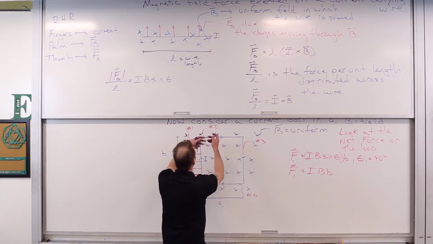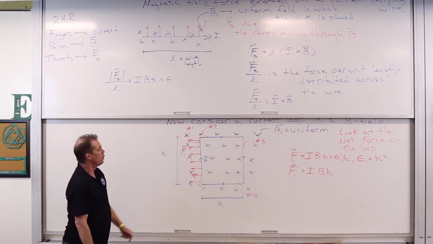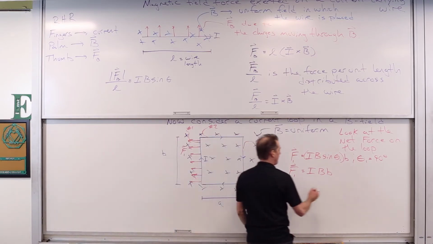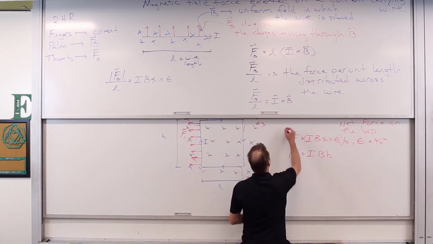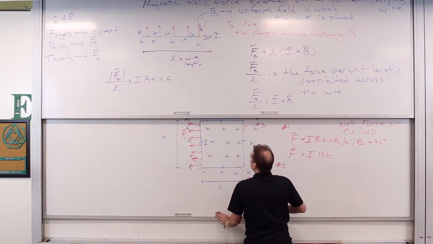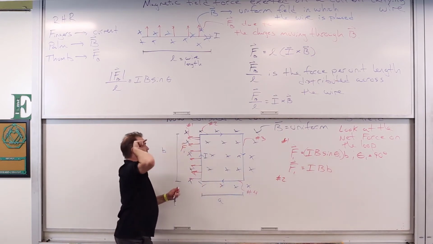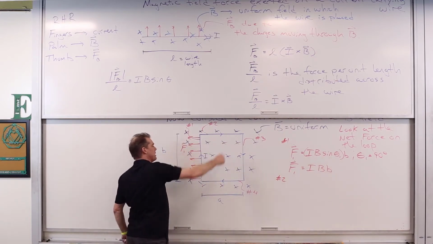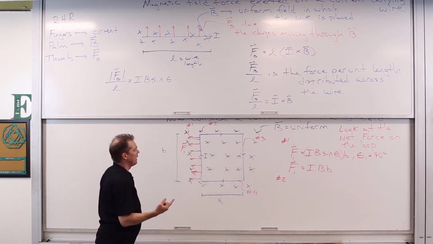We come over here to segment number 2. So this was for number 1. Now we do number 2. And again, now the current's going to the right, magnetic field's into the board. There's a 90-degree angle in between them.